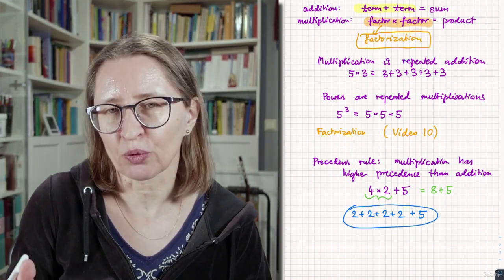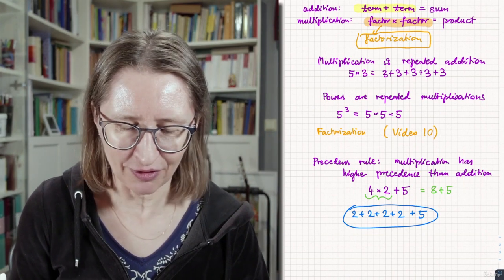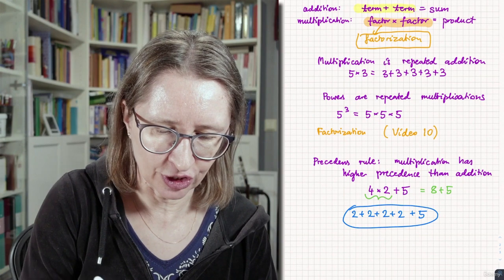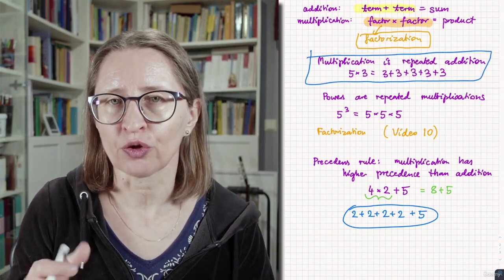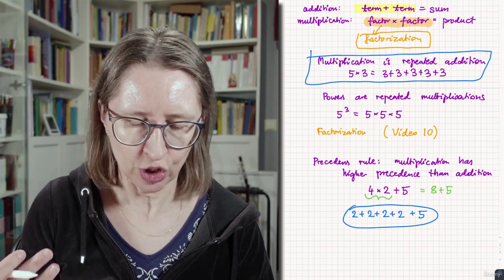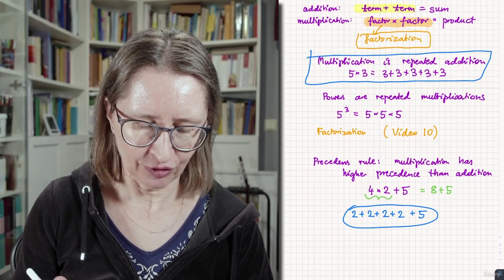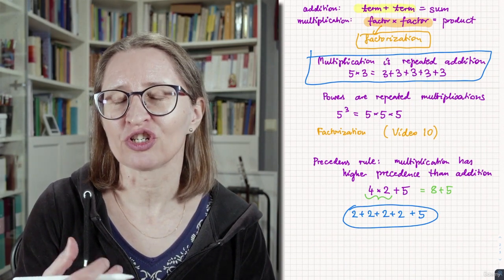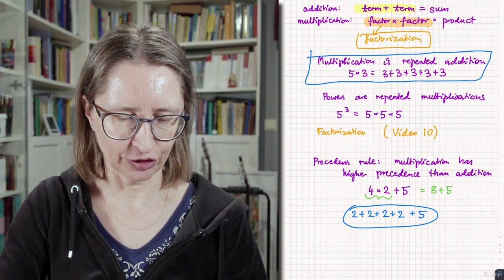And so actually the explanation for this rule is that multiplication is just a repeated addition. So then it's logical to choose this precedence rule that multiplication has a higher precedence than addition.